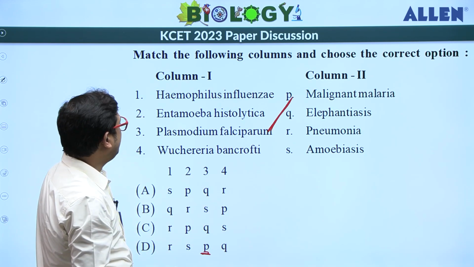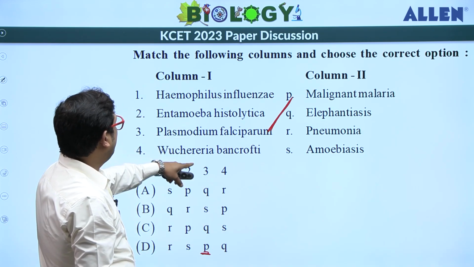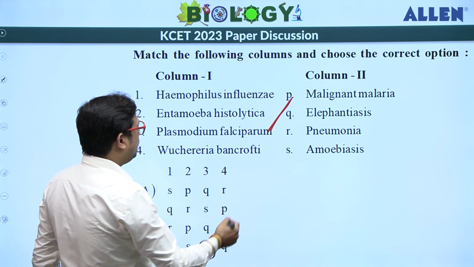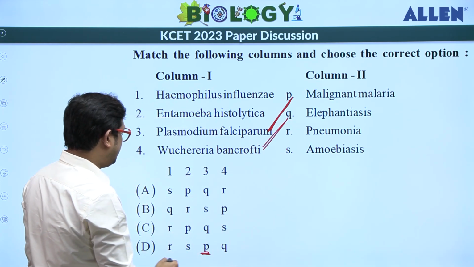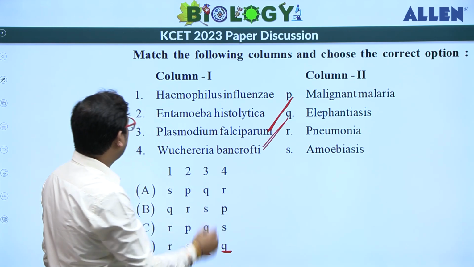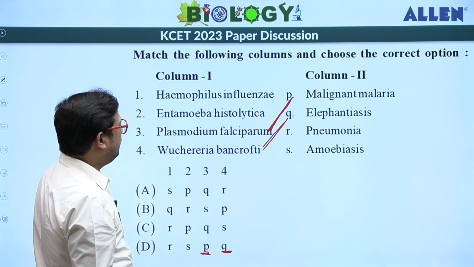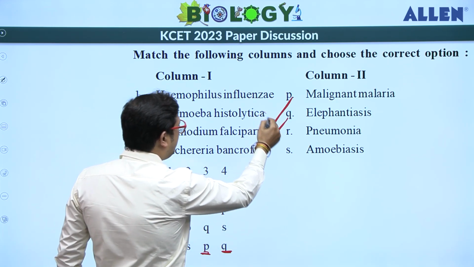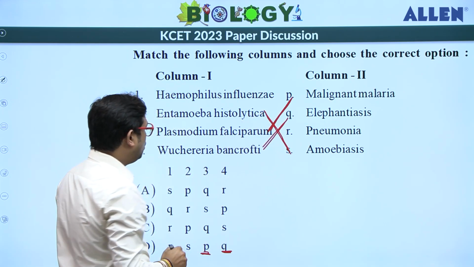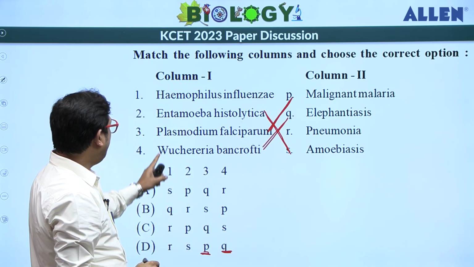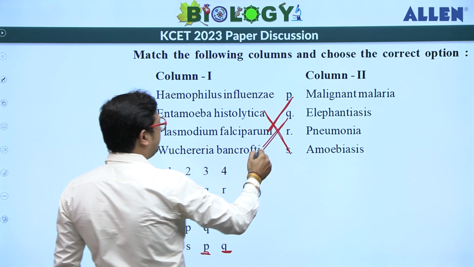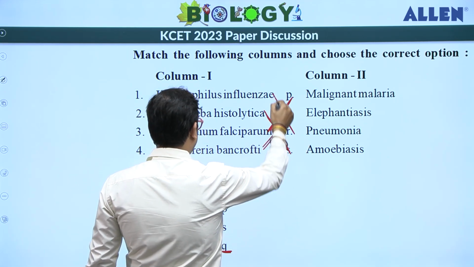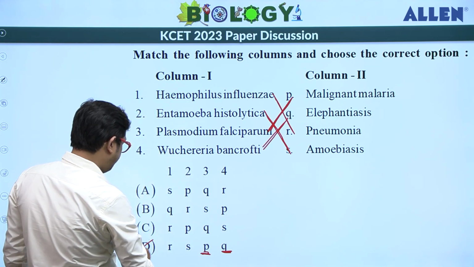Let us check the others also. Wuchereria bancrofti is what? 4 is Q. Entamoeba histolytica causes amoebiasis. 2 is S. And Haemophilus influenzae causes pneumonia. So the answer is D.